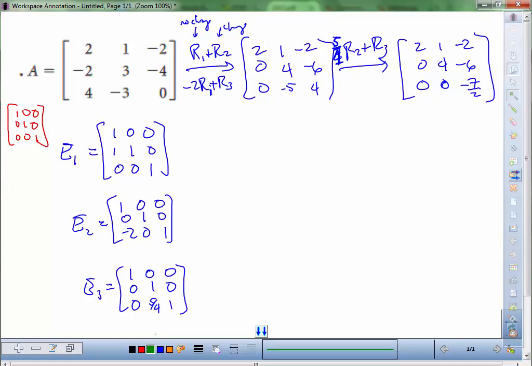If you take a quick look at the result after doing these three elementary row operations, what can you say about this matrix? It's an upper triangular matrix, right? Now, what can you say about the elementary matrices that we have so far? They're all lower triangular, right?